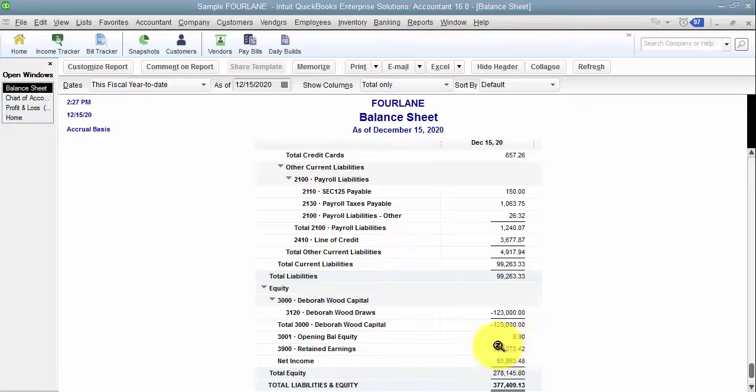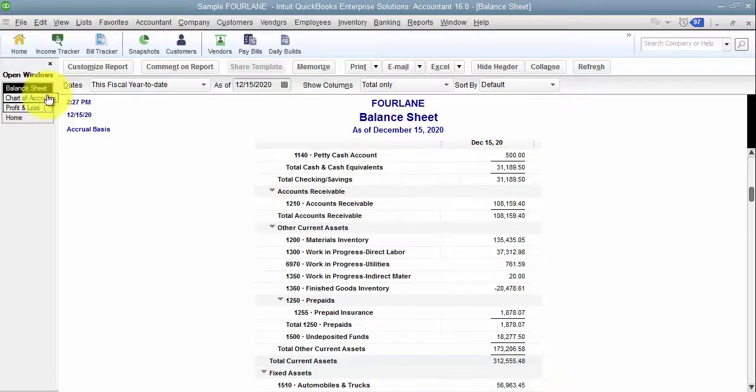So if I had a 50-50 split, let's pretend it's 300,000, 150,000 would go into Joe's equity, and then 150,000 goes to Deborah's accumulated equity. Right? So if we have multiple owners, it shouldn't just sit in one account.